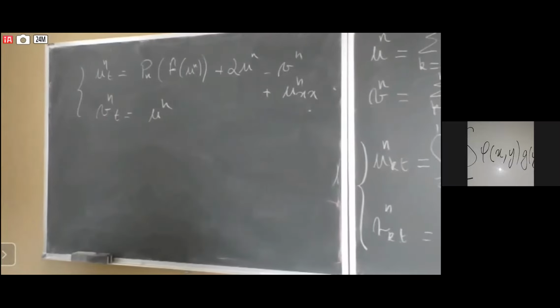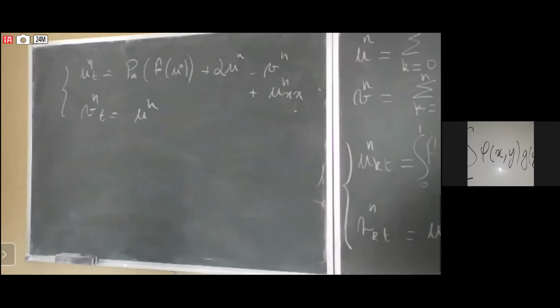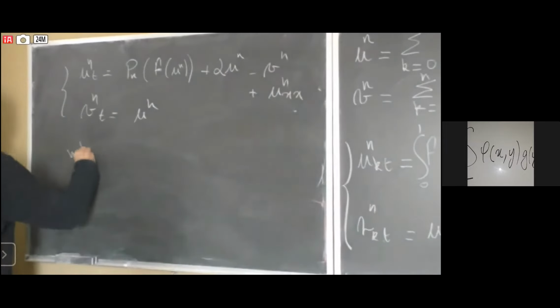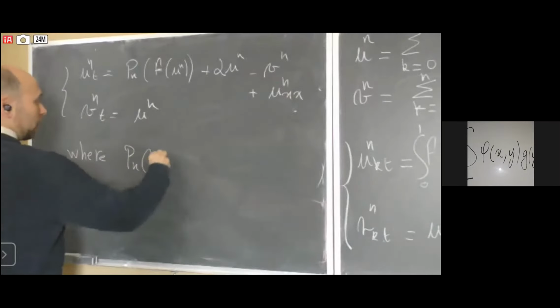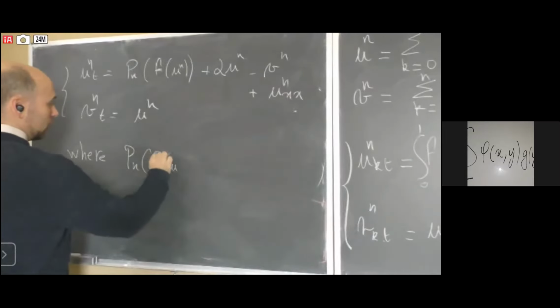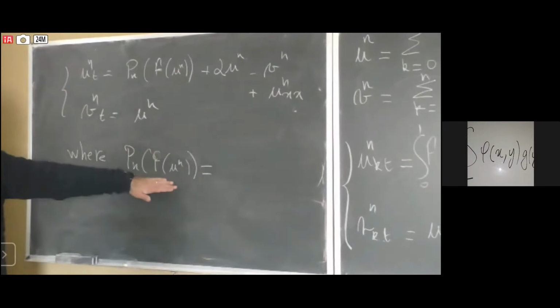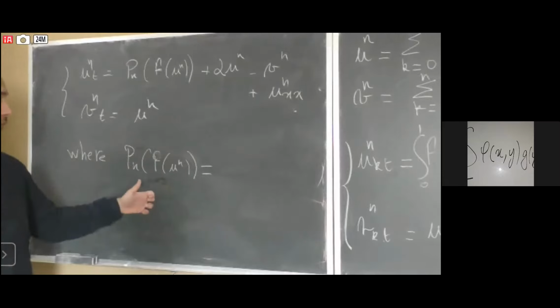So it's the original equation, but here this is the projection of f of un in the subspace generated by the n first eigenfunctions.